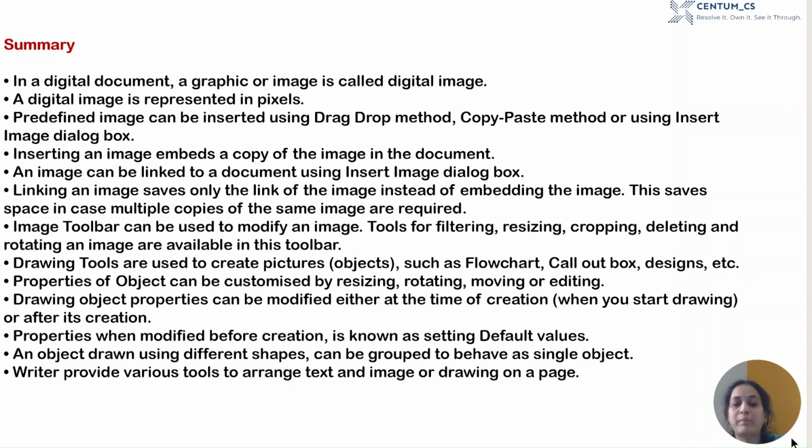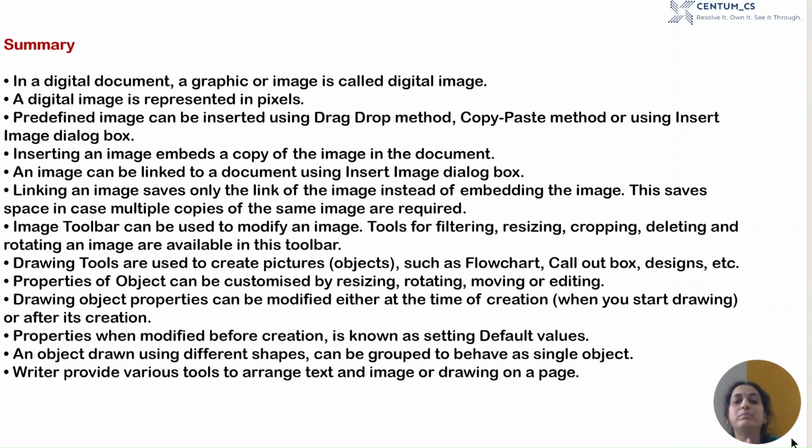An image can be linked to a document using the insert image dialog box. Linking an image saves only the link of the image instead of embedding the image. This saves space if multiple copies of the same image are required. The image toolbar can be used to modify an image.